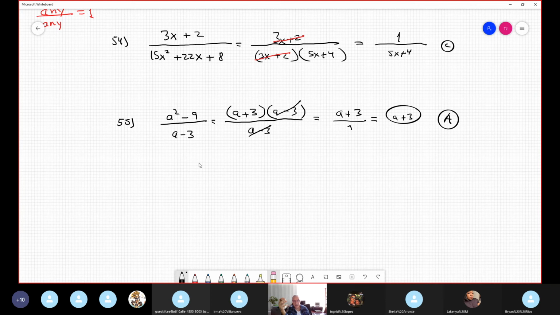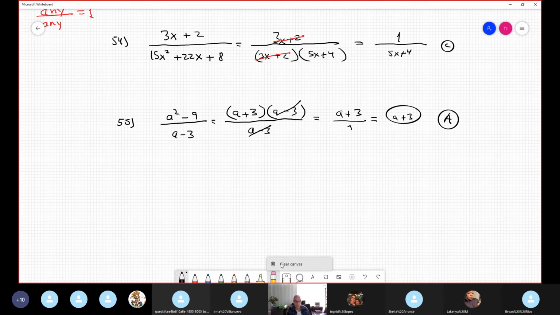When it's missing in the top, you put 1, but when it's missing in the bottom, no 1. Okay, 56.